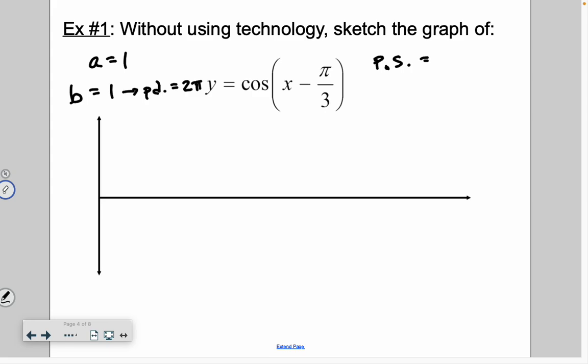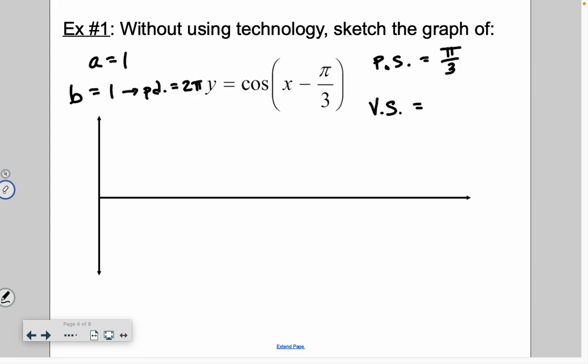If you did opposite of C over B, here's your C value right here. So you would have positive pi over 3 divided by 1. So we're going to take this entire graph, in this case the entire cosine wave, and move it pi over 3 to the right. And last part, our vertical shift, I'm going to abbreviate that as well.